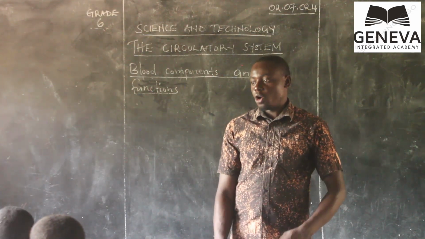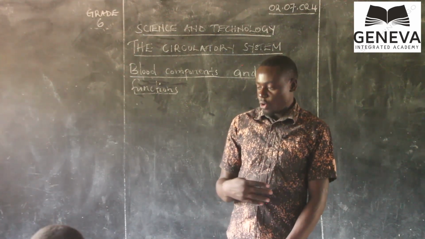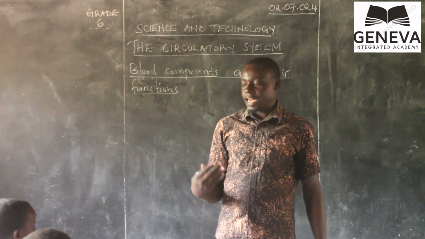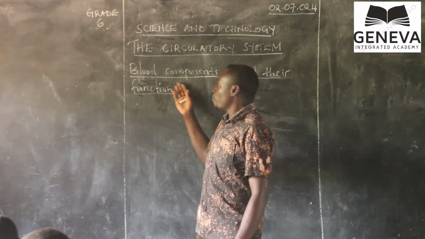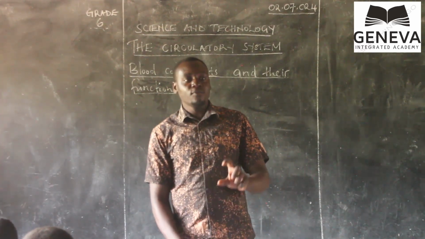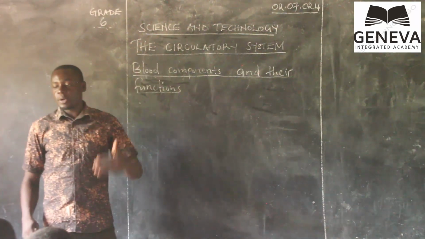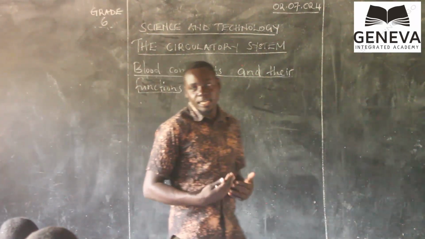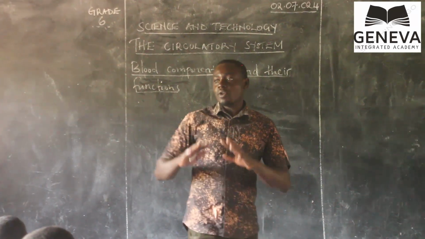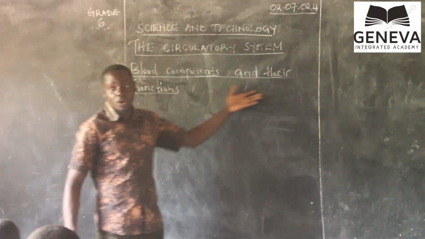I hope you've learned ahead of me. Now, just somebody to outline some of the components of blood. It doesn't mean that you know, but at least trying will give you a picture of what the components of blood and their functions are.